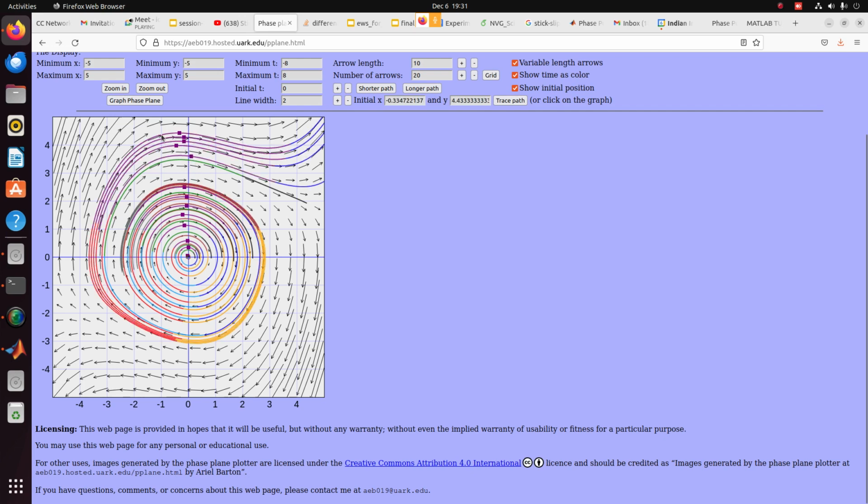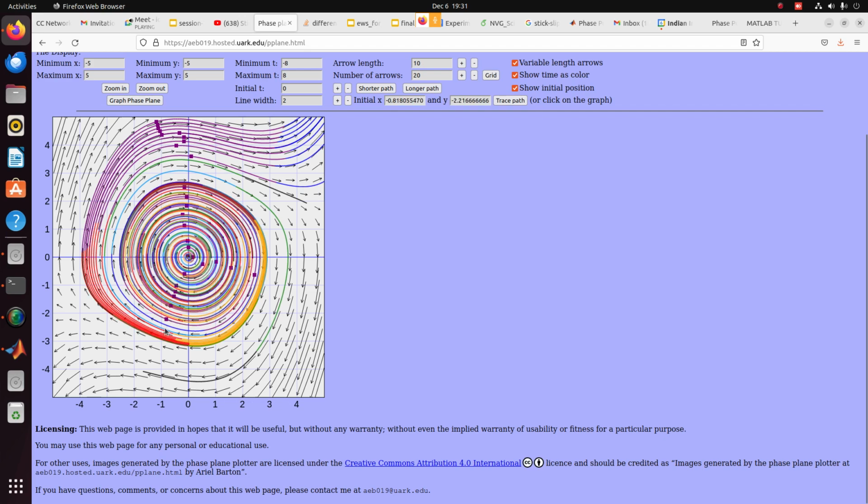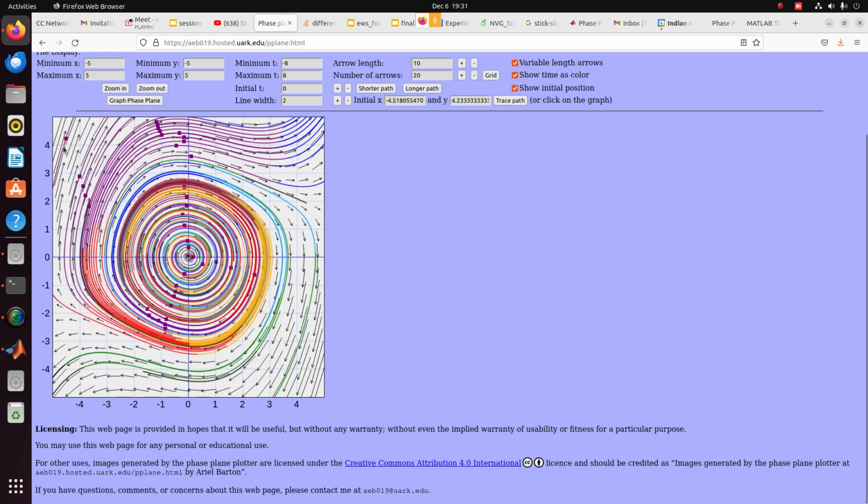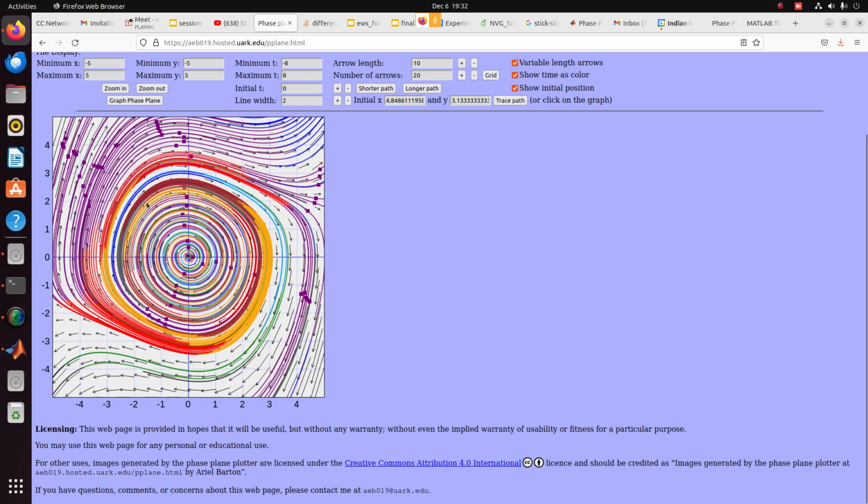Because of this small nonlinearity present in the system, it takes many oscillations and then it spreads out to high amplitude oscillations. You can observe from here that it moves out to very high amplitude. So it asymptotically grows to very high amplitude oscillations.